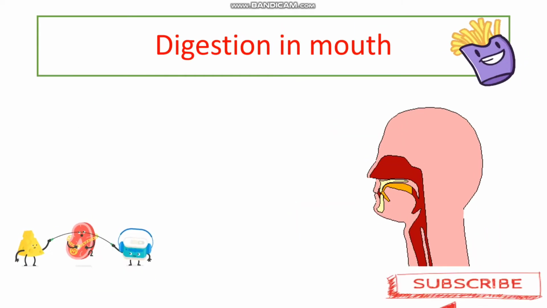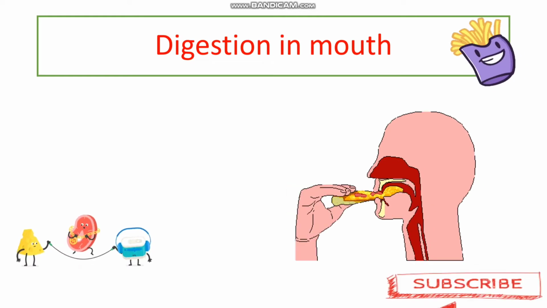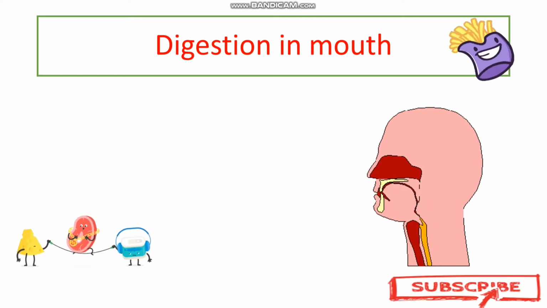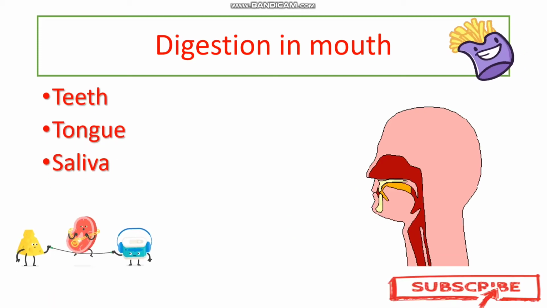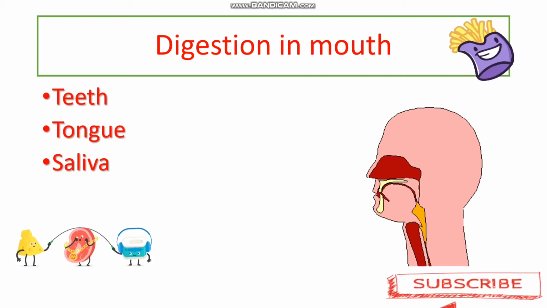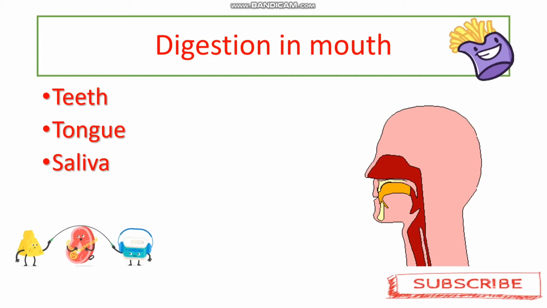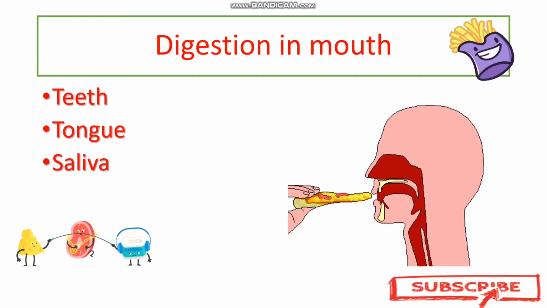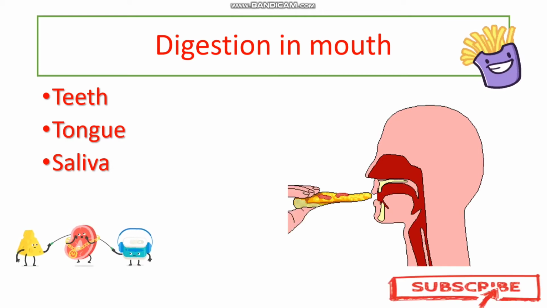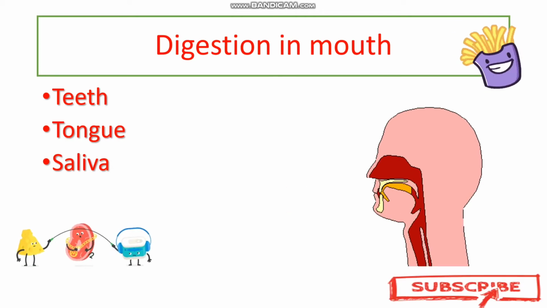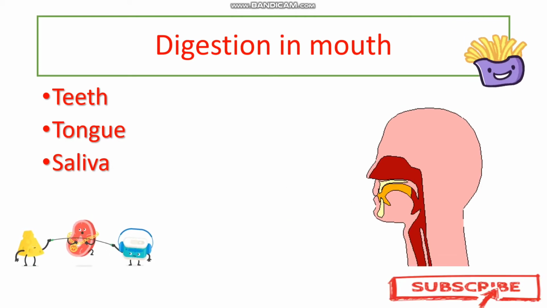Mouth. So the digestion starts from the mouth, and what are the other parts in the mouth involved in digestion? They are teeth, tongue and saliva. Teeth in our mouth break the food into smaller pieces. You can see the man is eating the food, and the food is broken into smaller pieces. And then what is the work of saliva?